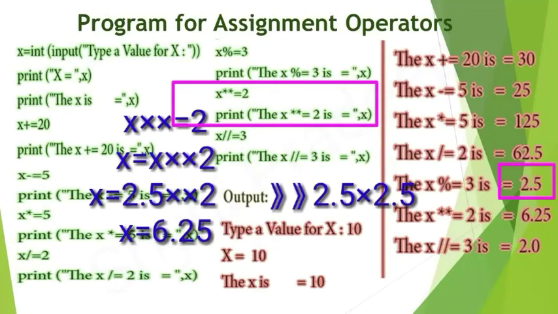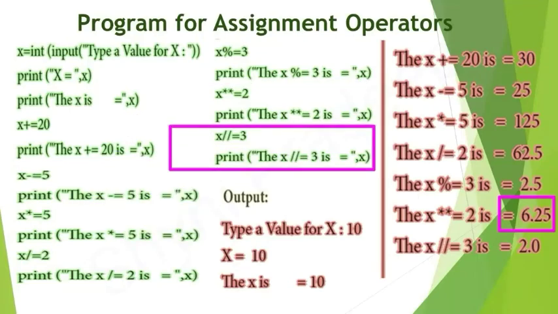Exponent means power, x power 2. So x = 2.5 power 2, which is 2.5 times 2.5. What is the result? x = 6.25. So this is the result.